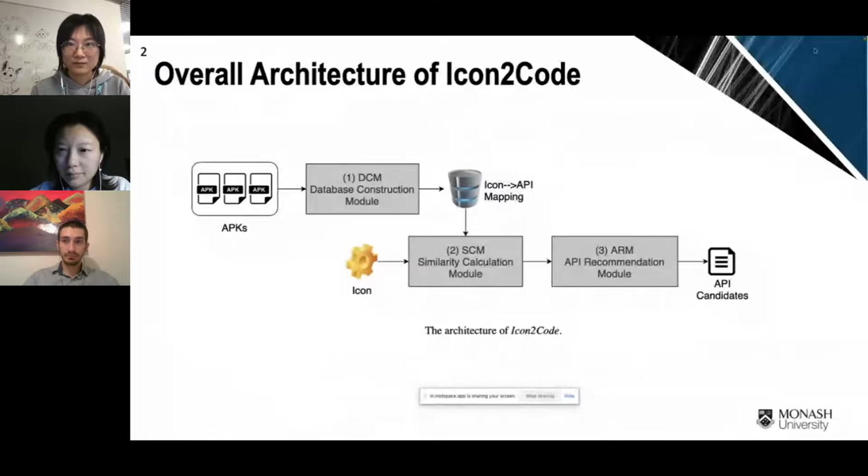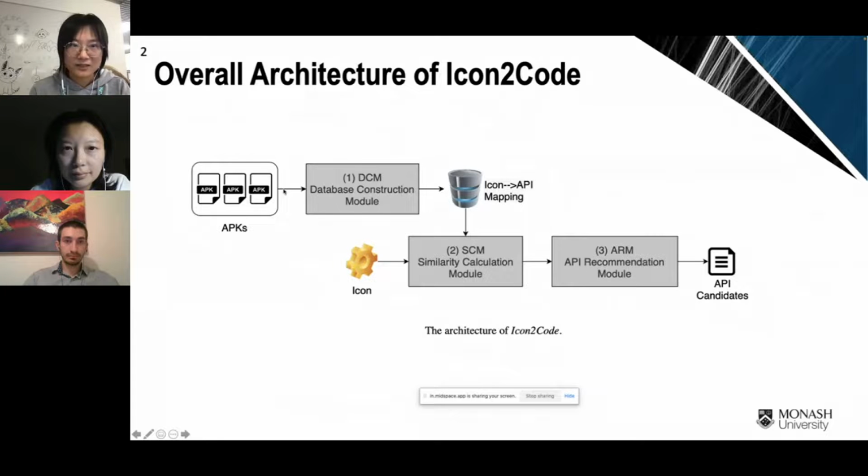And this figure presents the overview of the tool. The tool is named Icon to Code. Its three key modules are the database construction module, similarity calculation module, and API recommendation module. The first module, DCM, aims to pre-analyze a broad set of Android apps to construct a database mapping icons to their code implementation.